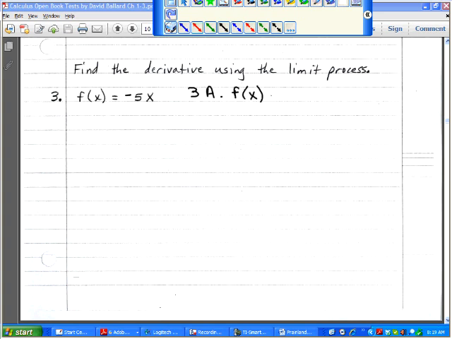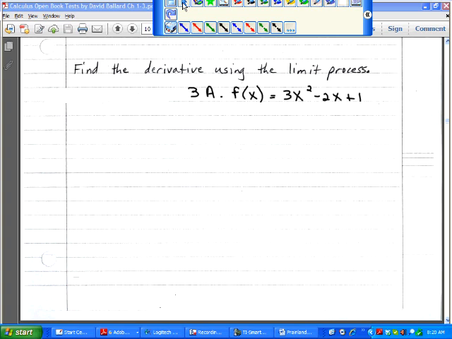So we'll call it f of x is equal to 3x squared minus 2x plus 1. We'll just give us a good long one. So we're going to use the limit process to find the derivative on 3a, okay? I'll just go ahead and write out the 3 here so it won't be bothering us.